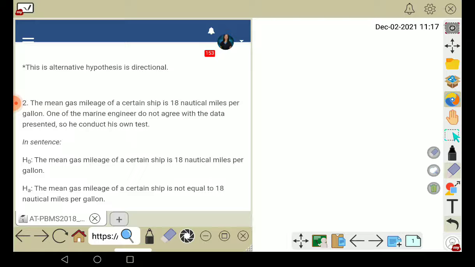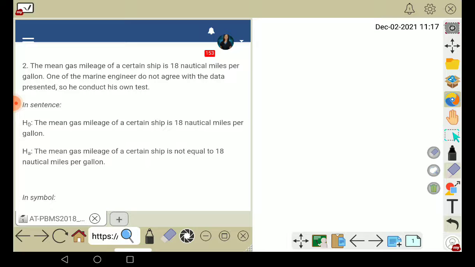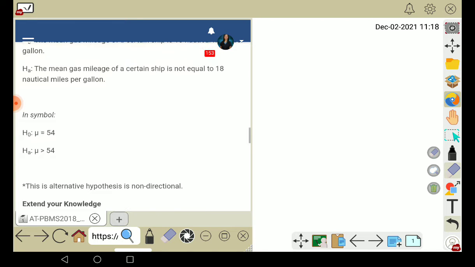So this only means that we are going to use the words not equal to, since he disagrees with the first statement. So we could say: the mean gas mileage of a certain ship is not equal to 18 nautical miles per gallon. That's your alternative. So in symbol, of course, we are going to edit this one.